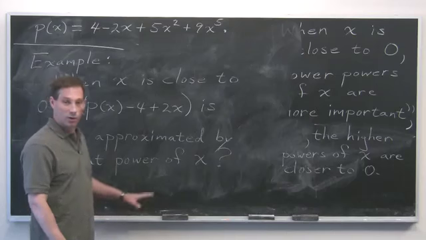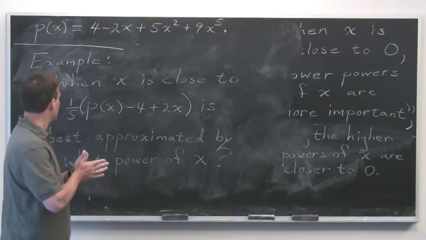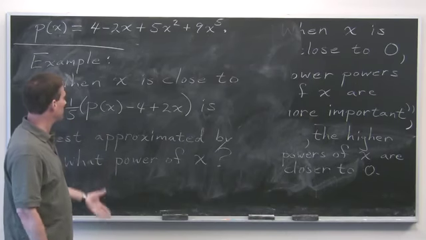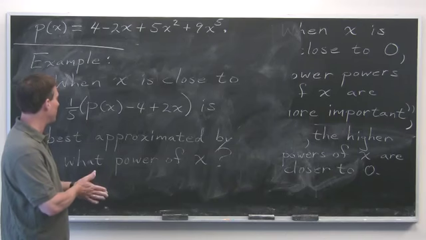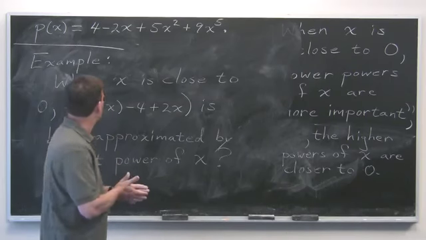Okay, so the p of x here refers to this p of x. So when x is close to 0, this expression, p of x minus 4 plus 2x divided by 5, so this function, is best approximated by what power of x?